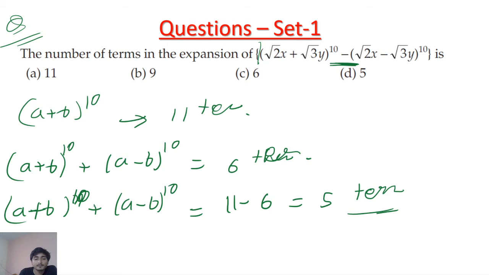Sorry, this is negative. Is it clear? Because 6 terms will be positive when we add, and 5 terms will be negative. Shall we move to the next question?